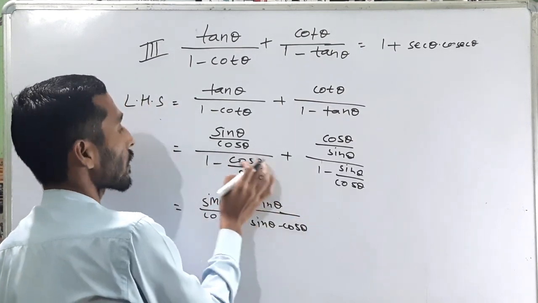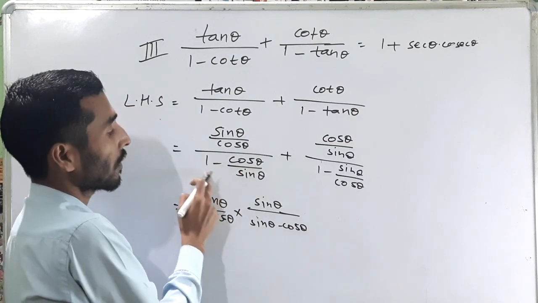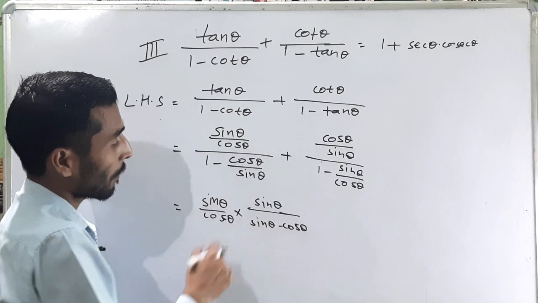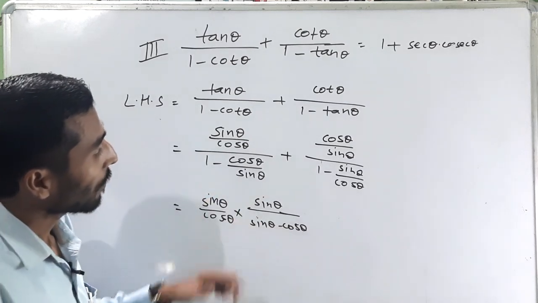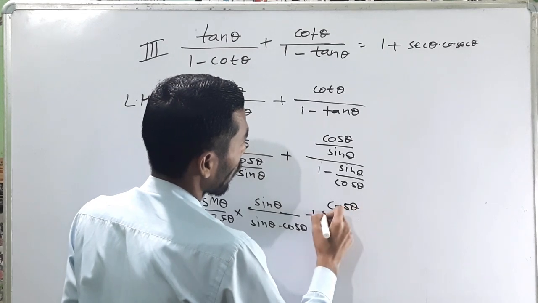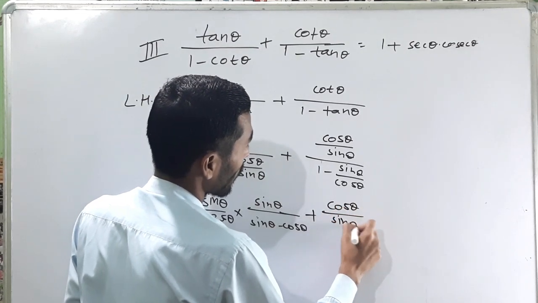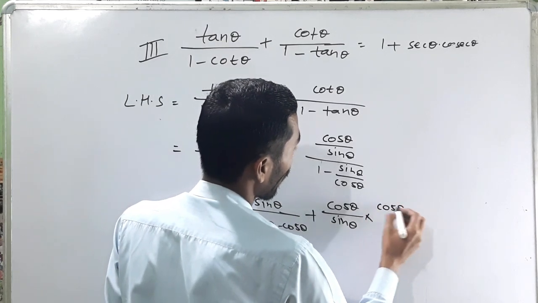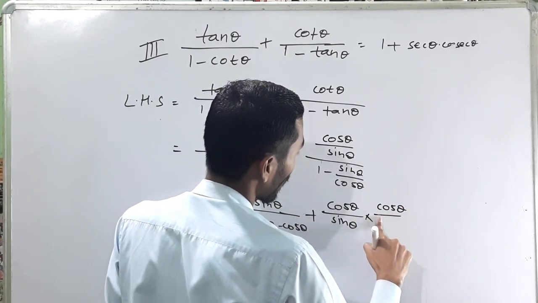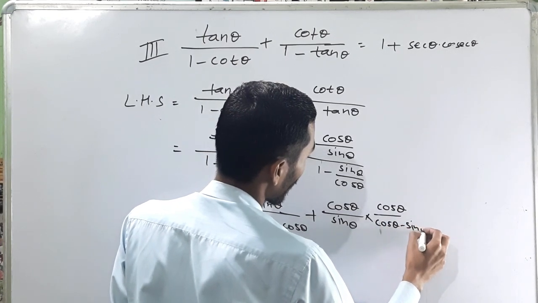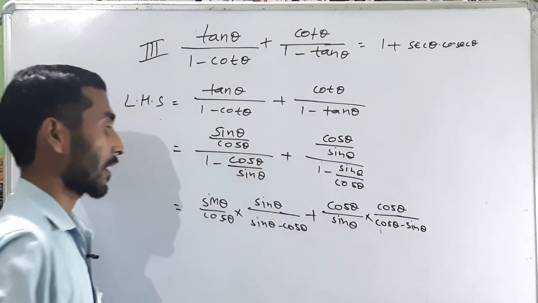Just after doing this simplification and changing into this form, we get cos theta by sin theta into cos theta by cos theta minus sin theta.